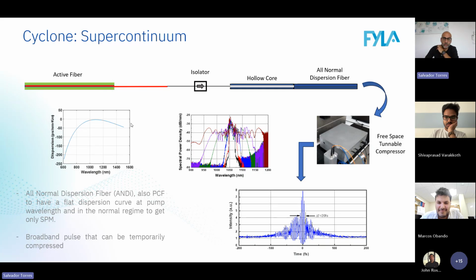It shows how the spectrum broadens symmetrically, like in a self-phase modulation behavior. At the output of the photonic crystal fiber, the pulse duration is approximately 400 femtoseconds, like at the input, but this pulse can indeed be compressed through a compressor to achieve pulses below 20 femtoseconds.